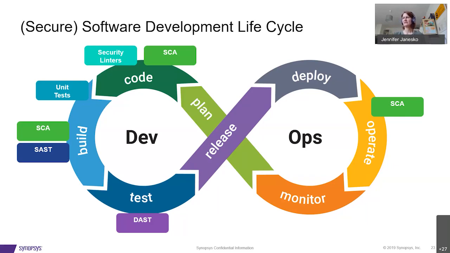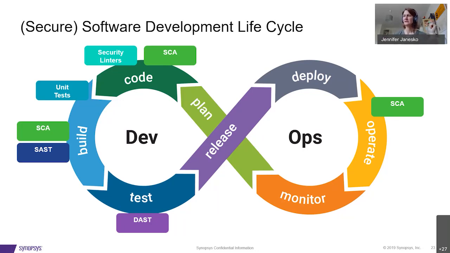So at the very top, you see SCA. And actually, you see SCA in a bunch of different places, and I'll talk to you about why. SCA is software composition analysis, and we'll talk more about that. Then there are security linters, unit tests, SAST, and DAST. Those are the different things that I'm going to cover with you.